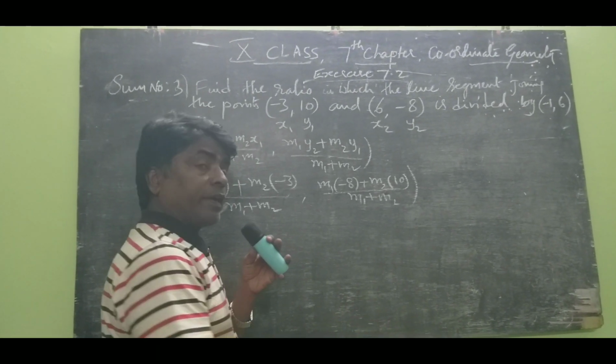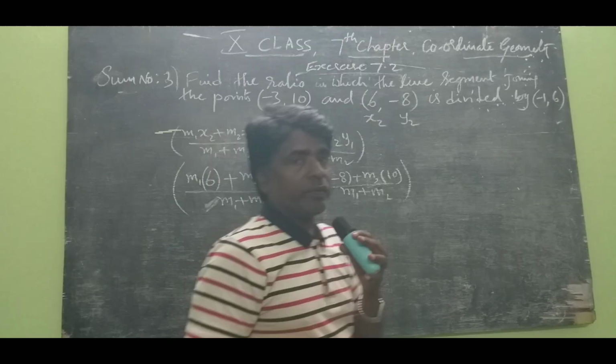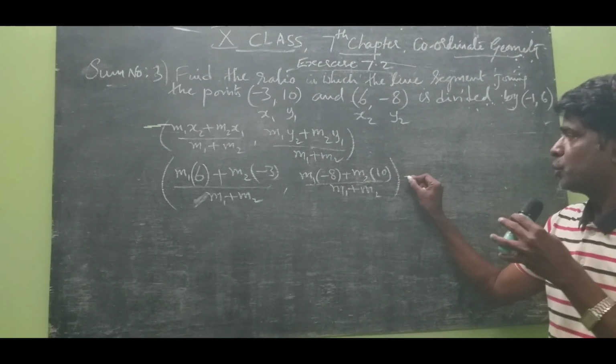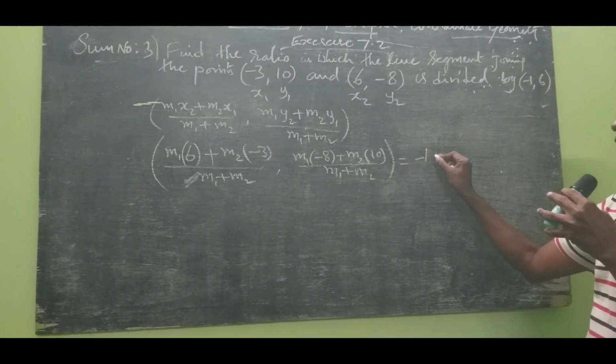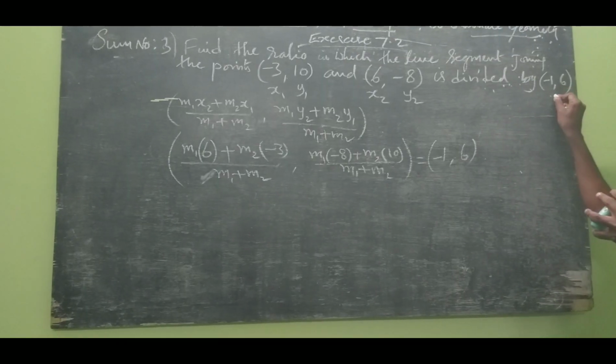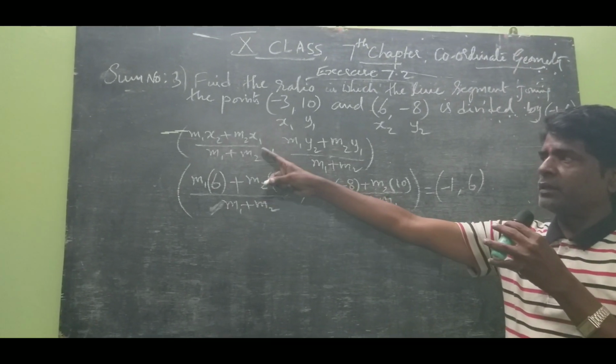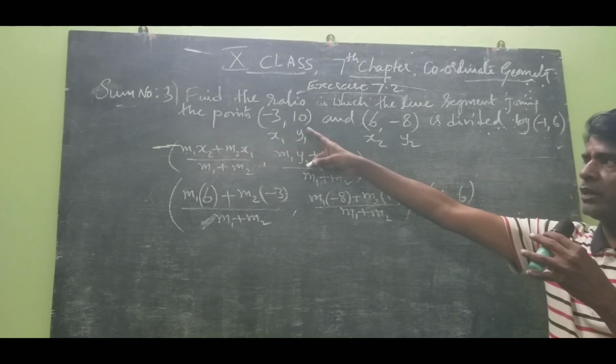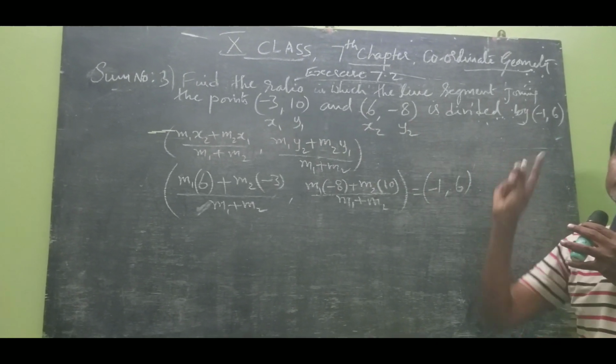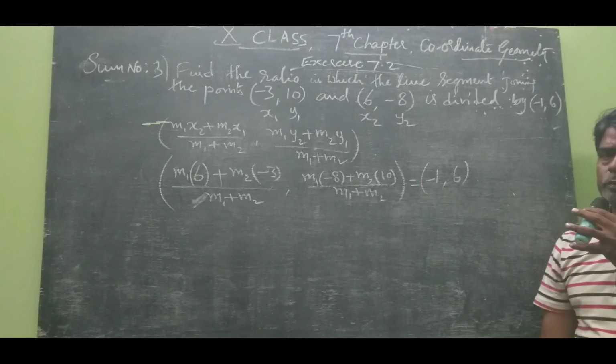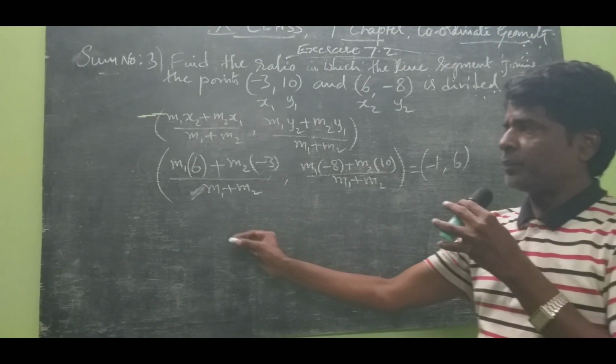You can equate these to (-1, 6), which is already given in the question. Just, in this formula, we have substituted the x1, y1, x2 and y2 values and equated it to (-1, 6). Just simplify.